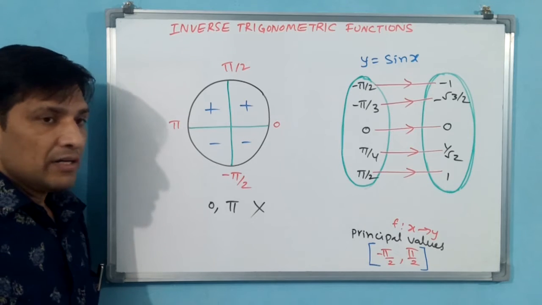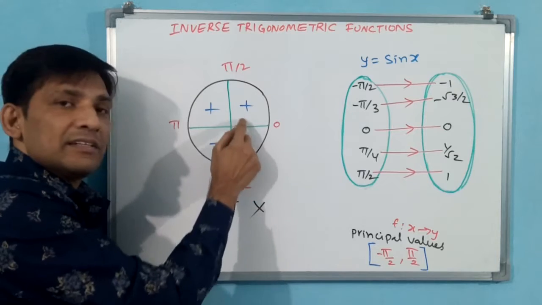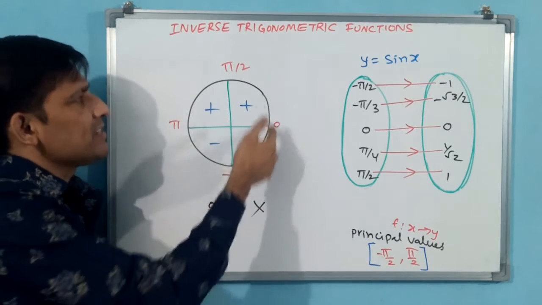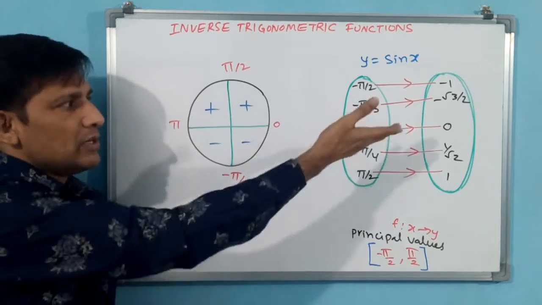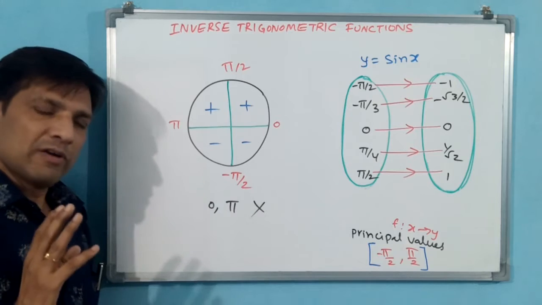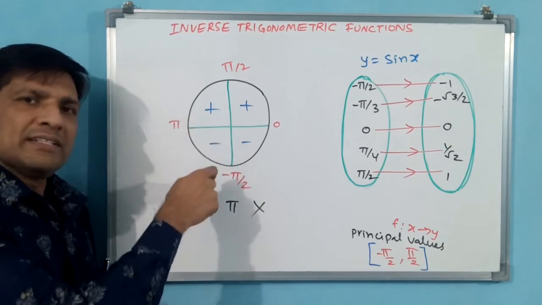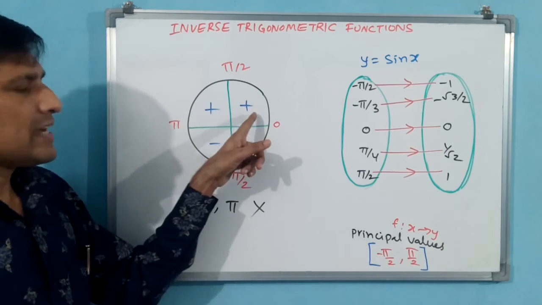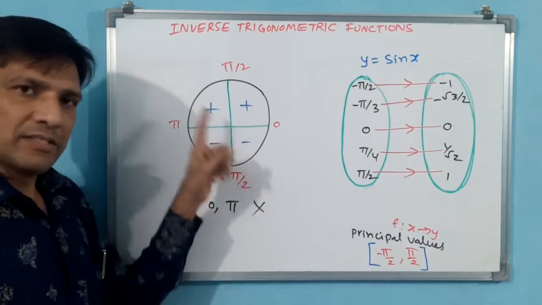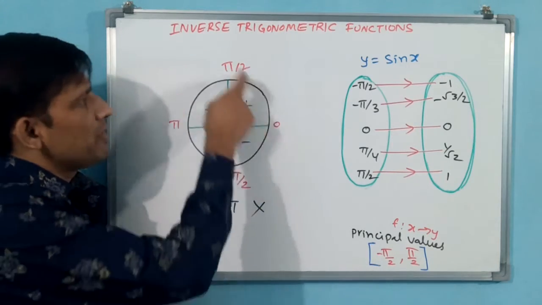That is why you have to take this fourth and first quadrant. Then positive and negative both values will come, you can satisfy different values and it is going to become a one-one function. You understand now why the mathematicians have taken this. You can also take the other, but they have taken the first quadrant as common, and they have taken this one. That means if you take these two, then minus pi by 2 to pi by 2.